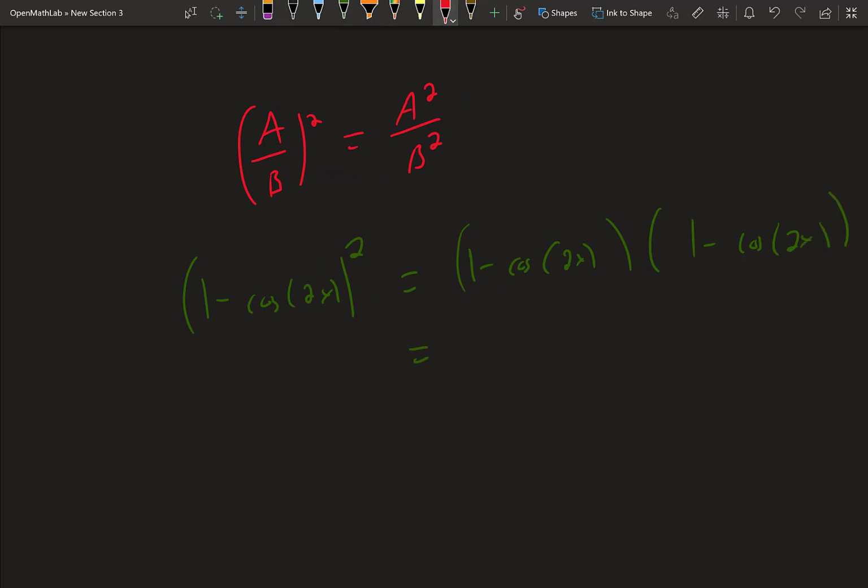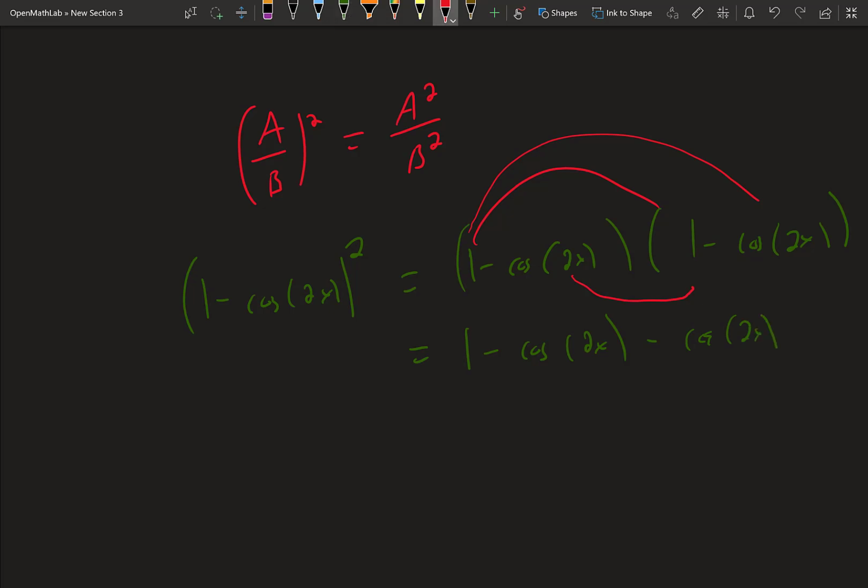So take 1 times 1, we get 1. Negative cosine 2x times 1 gives me minus cosine of 2x. And then I need to take 1 times negative cosine 2x here, which gives me minus cosine of 2x again.